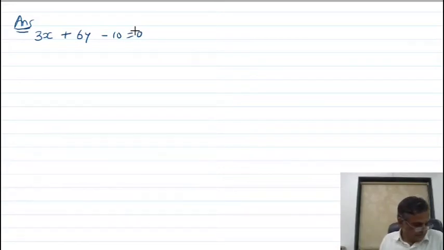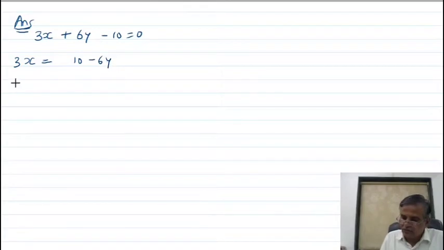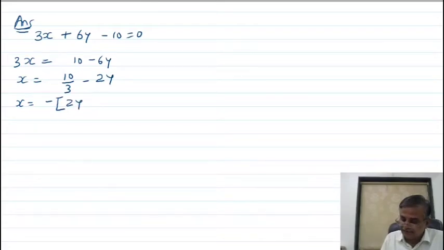So from this I can write 3x is equal to 10 minus 6y, or I can write x is equal to 10 by 3 minus 2y. So I can write x is equal to minus, taking common, 2y plus 10 by 3 into minus 1.